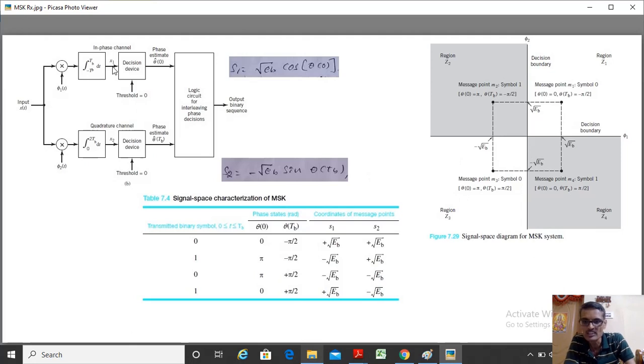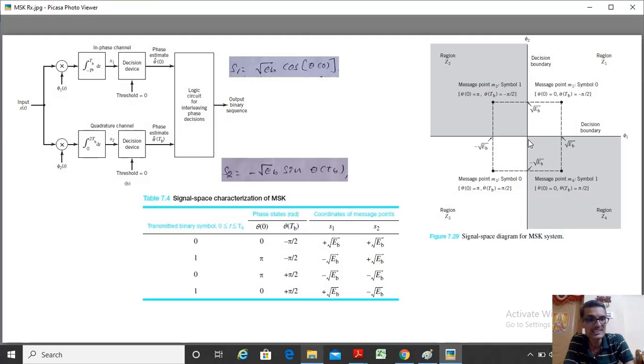Now, x1 means x-axis, x2 means y-axis, phi 1 and phi 2. If x1 is more than 0, the estimation of theta of 0 is always equal to 0.